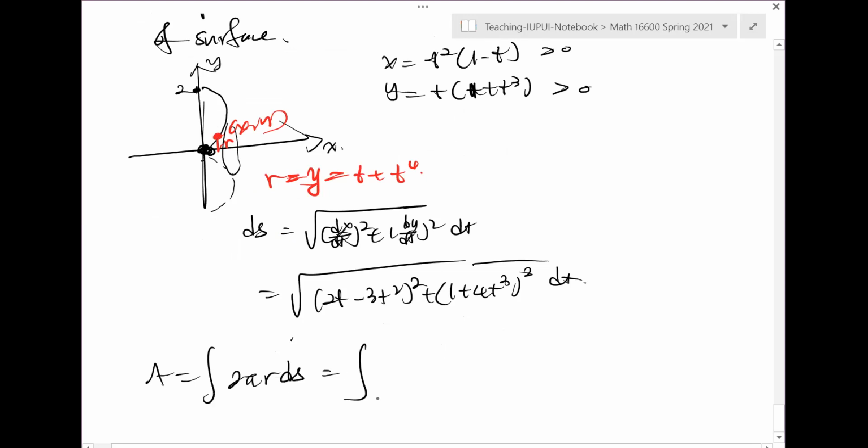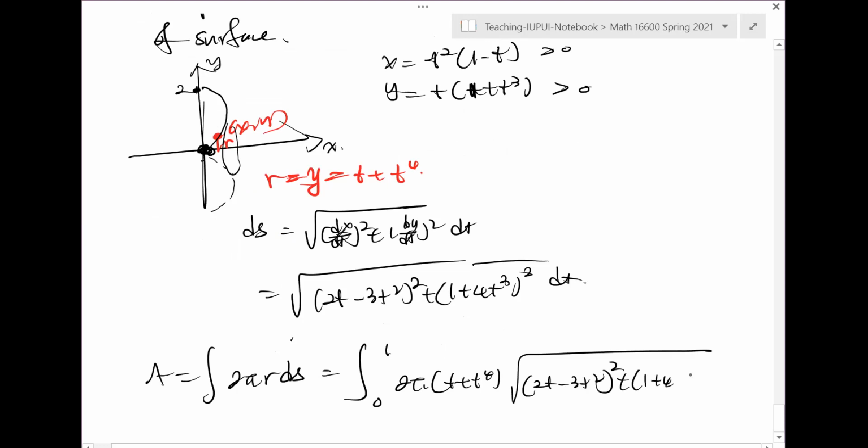And that's from 0 to 1, 2 pi. What is r? r is t plus t to the fourth power. What is ds? We already got that. Do you need to simplify it? Probably not. I just needed to know the formula. Okay. That's what I want to say.